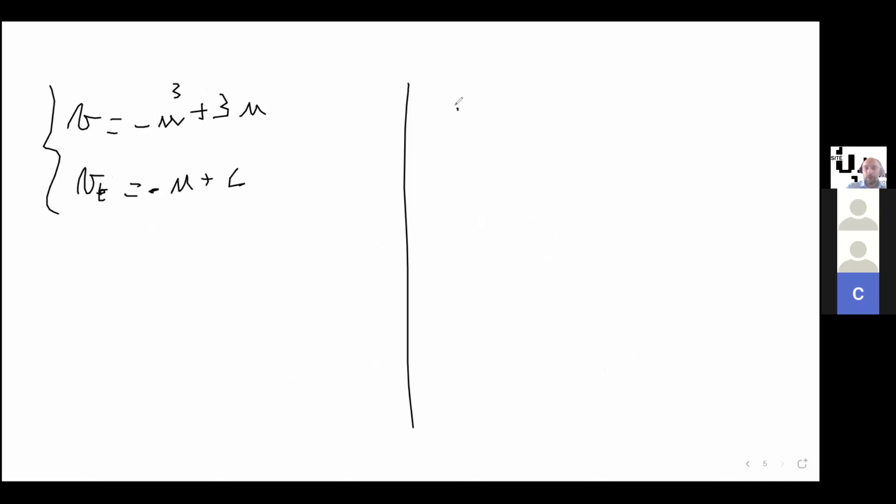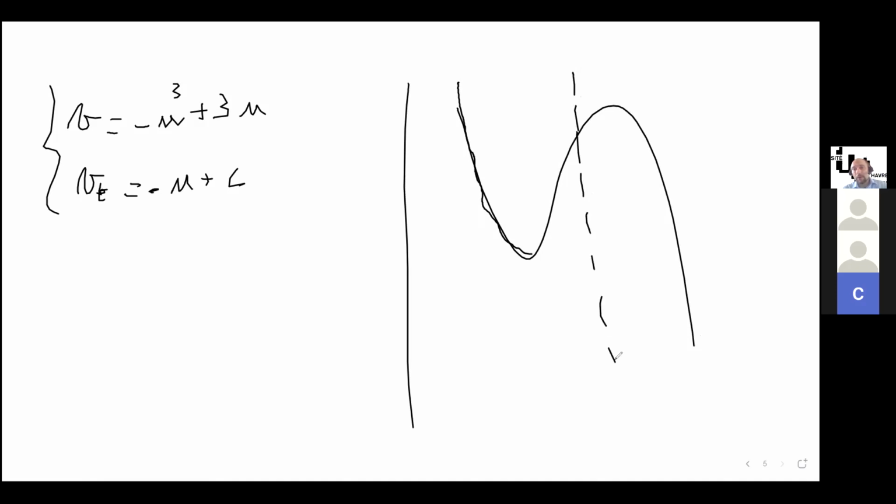So this tells you that now you're considering a dynamical system which lives within this manifold, right? So let's say my C is here. So my dynamical system lives here, and for example here the Vt is negative, so I will go like that, right?